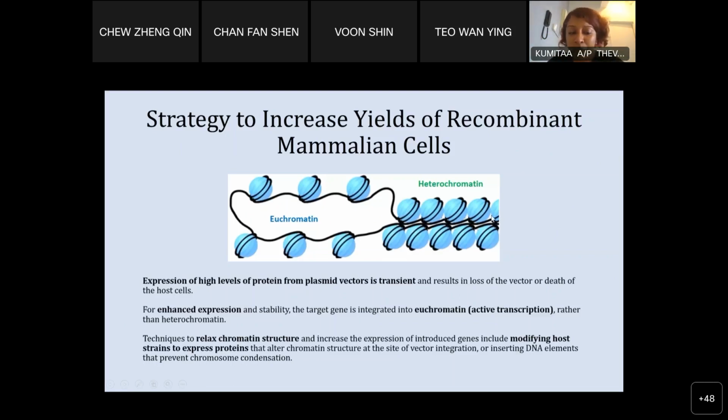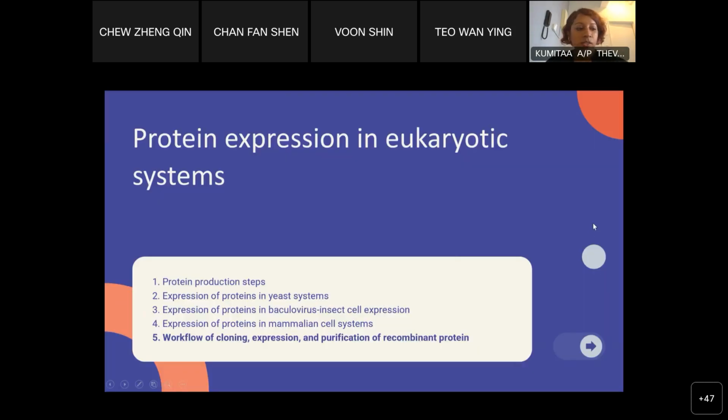So the techniques to relax your chromatin structure, to have a euchromatin structure as opposed to a heterochromatin structure, are used to increase the expression of genes, including modifying host strains to express proteins that alter chromatin structure. So again, if your genes are being expressed under euchromatin, you get more transcription in comparison to heterochromatin.